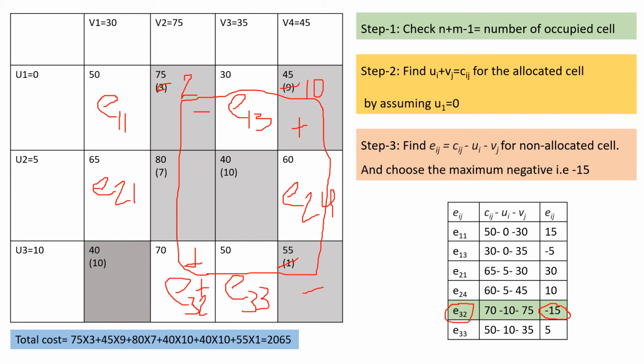And in this step, by the way, if we calculate the cost, it further decreases from the previous step. With each iteration, the cost approaches the optimal solution, right? So we further decrease to 2065.